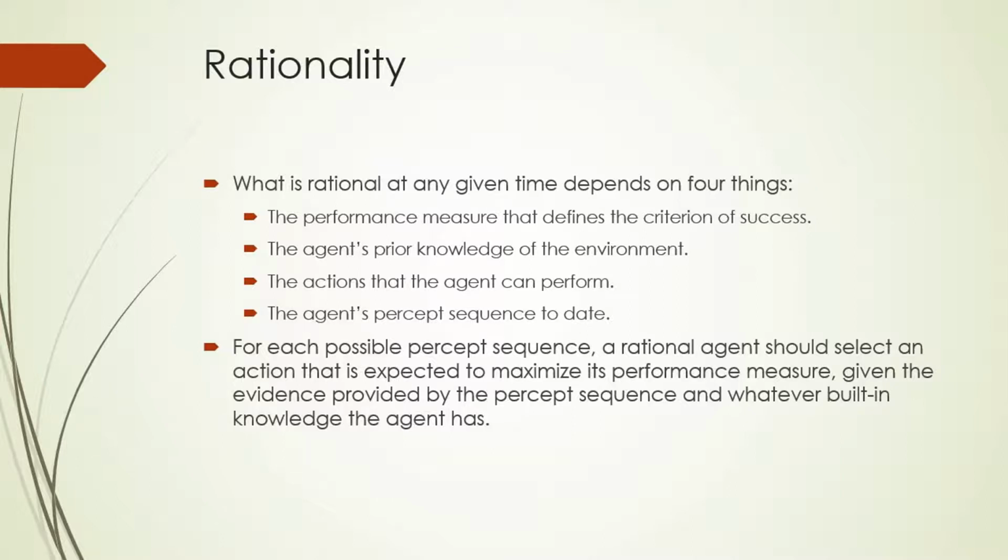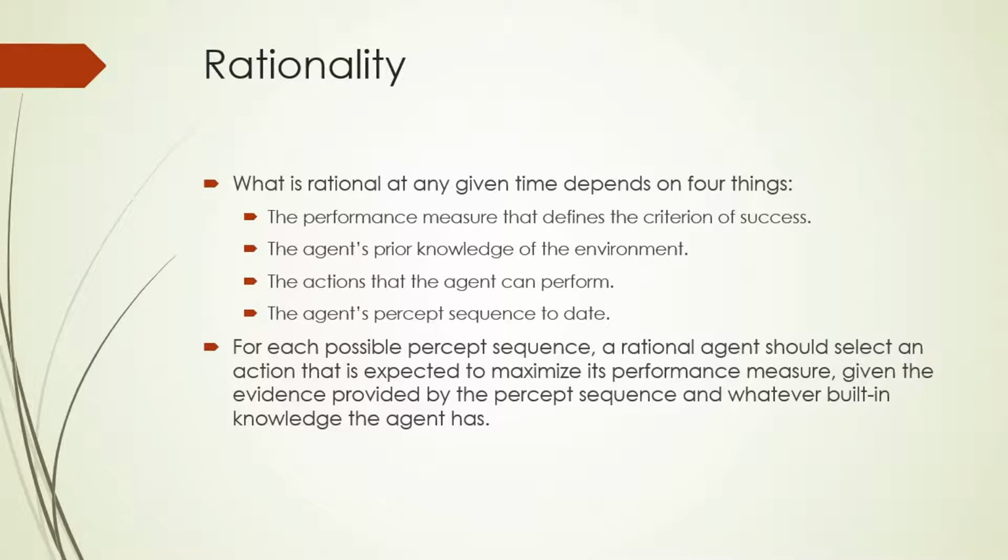So I think the broader definition of rationality comes in here. We keep on refining it more as we go through. What is rational at any given time? It depends on a certain number of things. There are 4 of them. The performance measure, which defines the criterion of success.